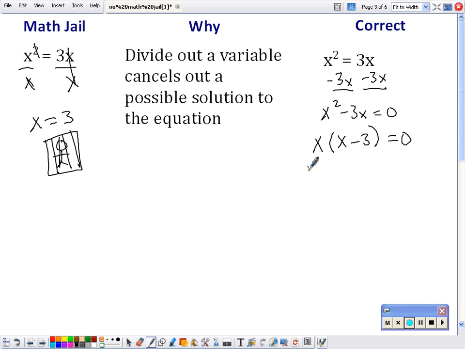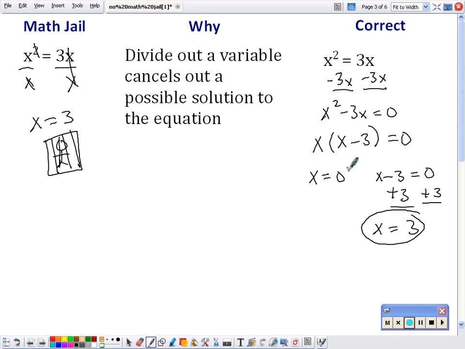Then we're going to apply the zero product property. I have two quantities multiplying together that equal 0. One of them must be 0. So x equals 3 or x equals 0. You can see that we lost that possible solution of x equals 0 when we divided.